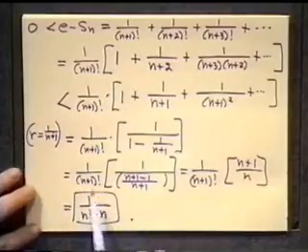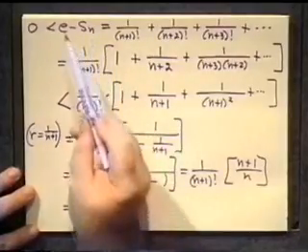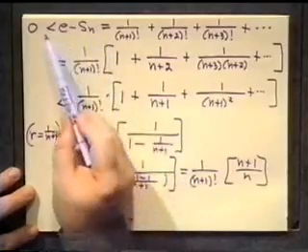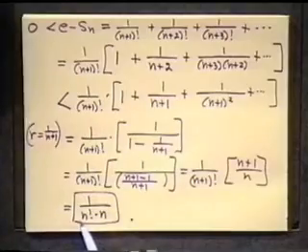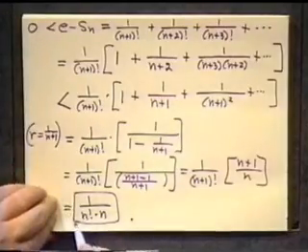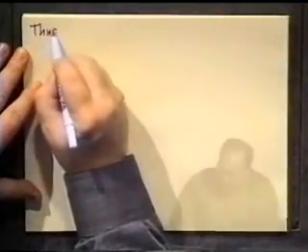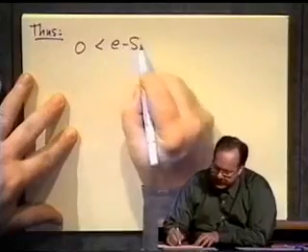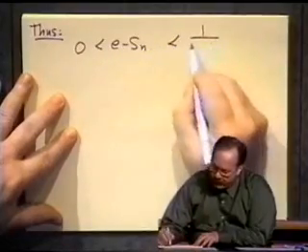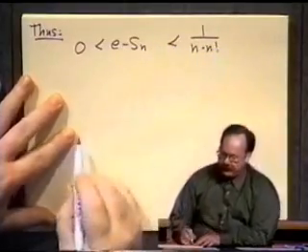So let me put this all together, because this was a really long expression. We have e minus s sub n greater than 0 and less than this object at the bottom. So let me put that, like I say, all on one page so we can keep track of this. Thus, we have the conclusion that 0 is less than e minus s sub n less than 1 over n times n factorial.